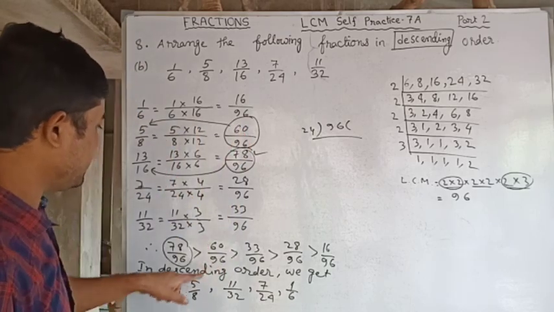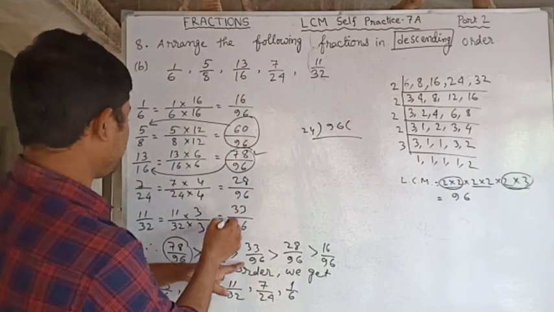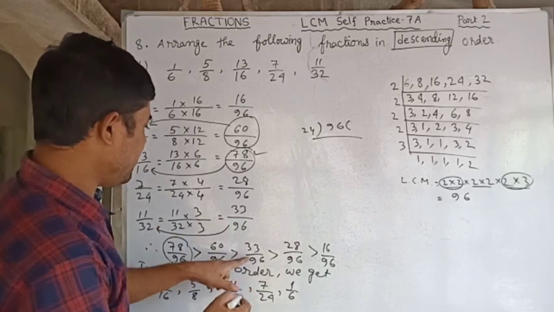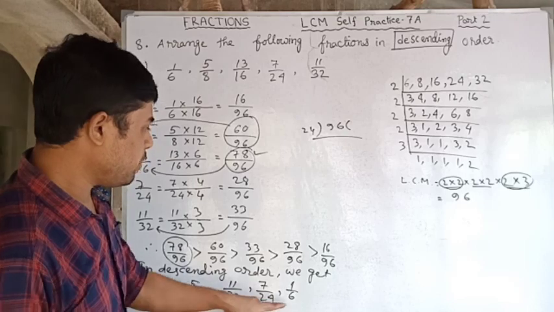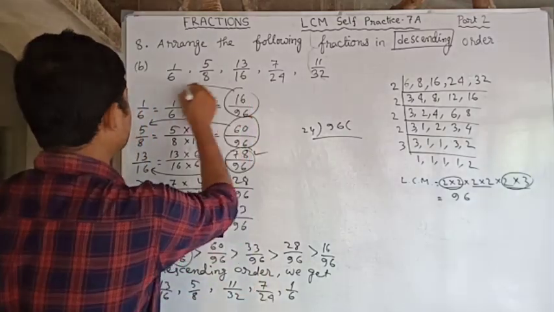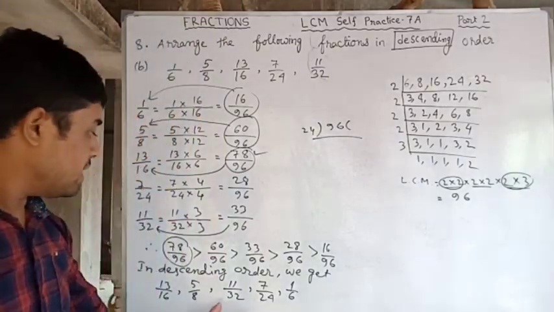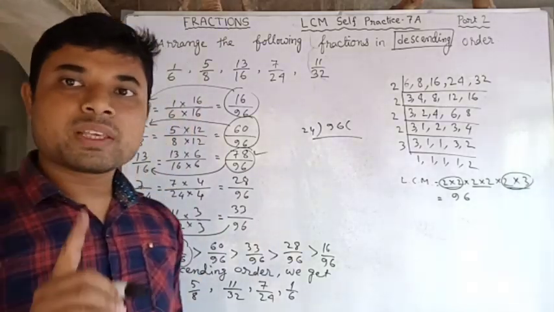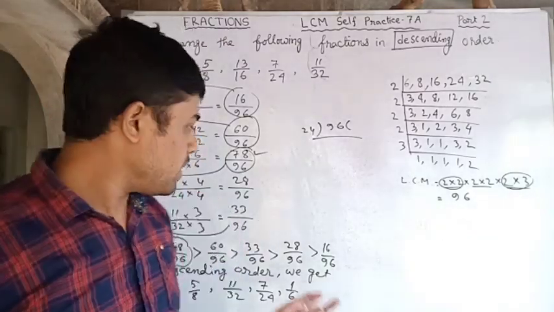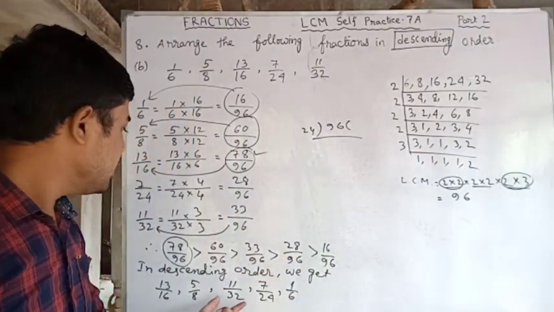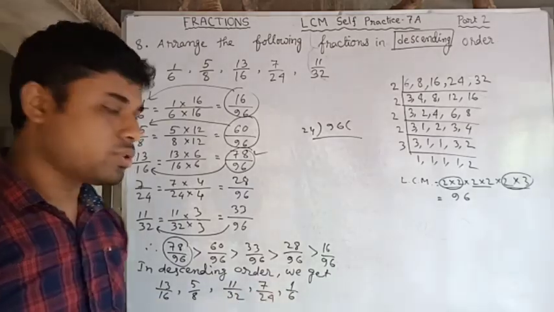You have to write 5/8. 33/96, that means 11/32. Similarly 7/24 and 16/96 means 1/6. You have to write up to the given fractions, not the equivalent fractions. So you have to write up to this.